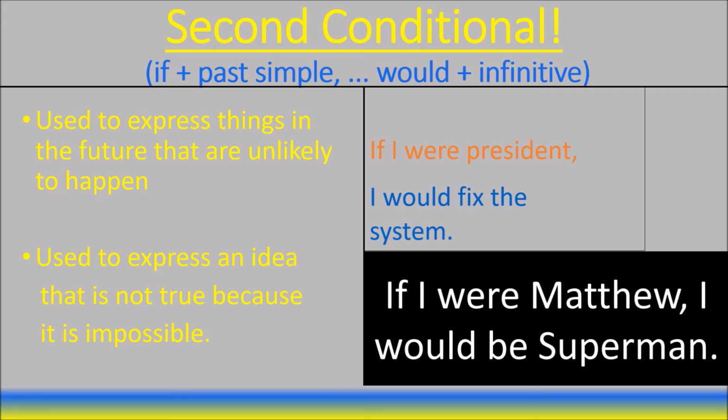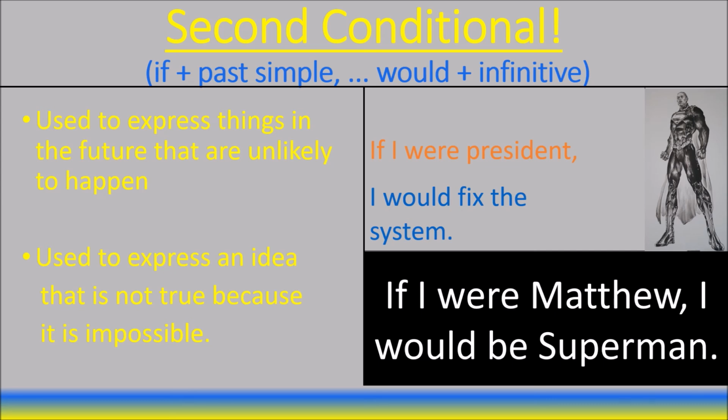Another one. If I were Matthew, I would be Superman. Both of these are impossible. It's impossible for you to be Matthew, and Superman is also impossible, but we are not arguing about the validity of the logic. It's not about argumentation, it's about sentence structure.